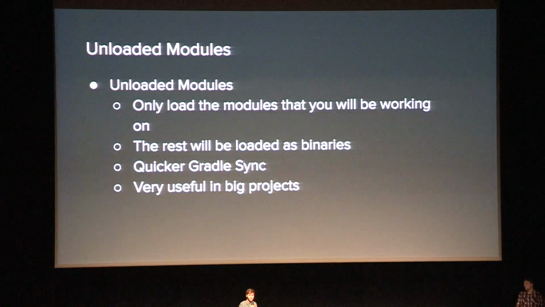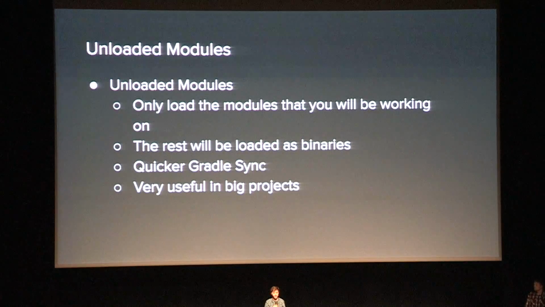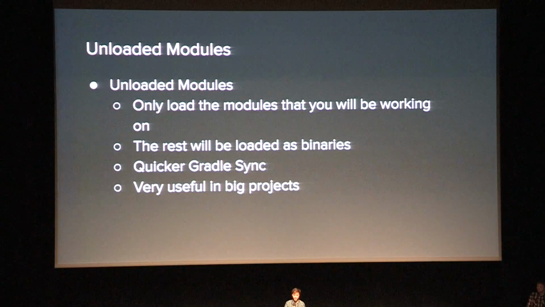The binary representation is lighter, so we wouldn't need to sync all the modules all the time, but only the few ones that you work with. And that would be very useful for big projects, saving memory, sync time, and even processing. So that's something we are working on, and we already have the APIs we need for that. And now it's a matter of implementing it in Studio, which should, I don't know, I can't make more promises about 3.3, but it will be there soon.